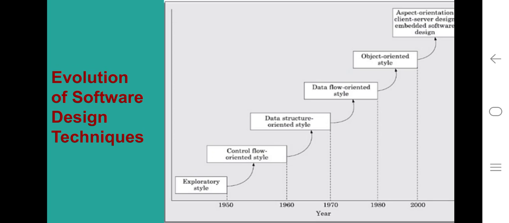Later, during the 1970s, the data structure oriented style was implemented. The next level of evolution is the data flow oriented style, where we discussed the flow of data with the help of an example.